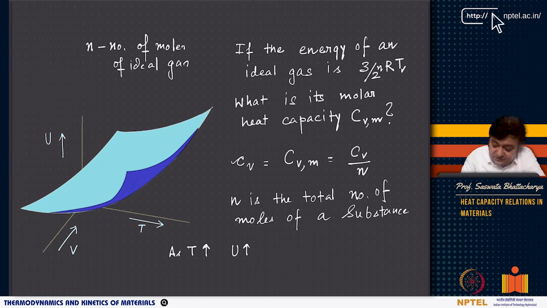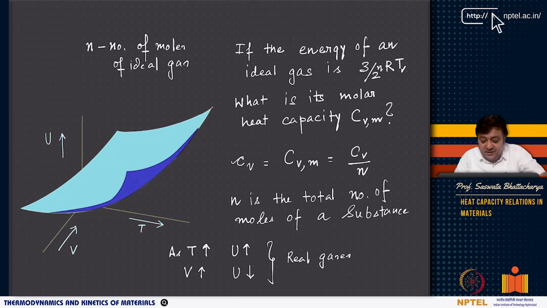There will be an increase in U, right? With the increase in temperature, there will be an increase in U. However, as V increases, U will go down, and this is basically true for real gases or real systems with interactions, right? So with increase in temperature, internal energy increases. With increase in volume, internal energy decreases.